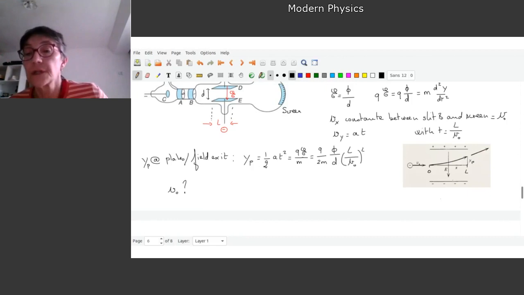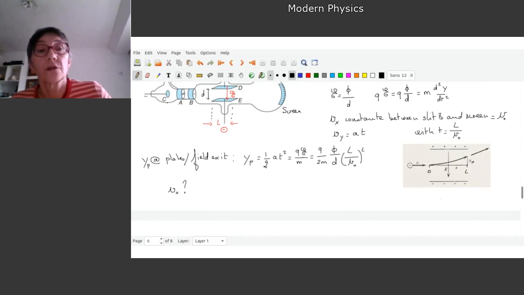And so the only difficulty here is that we have some way of determining the ratio of the charge over the mass, because everything else can be measured, we know everything. All we have to know is the velocity V naught.